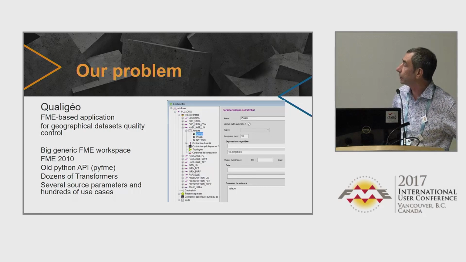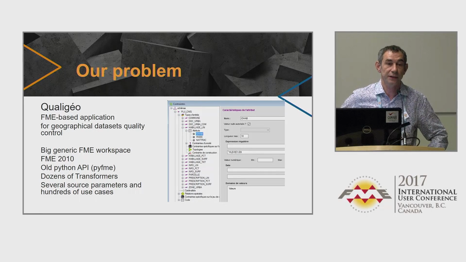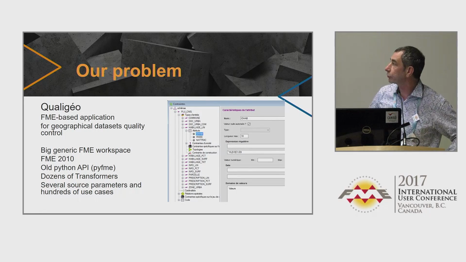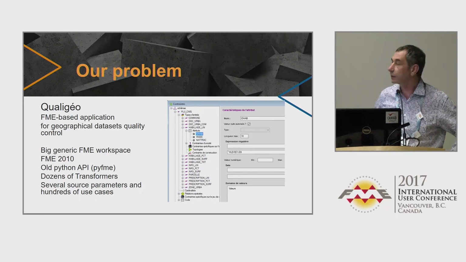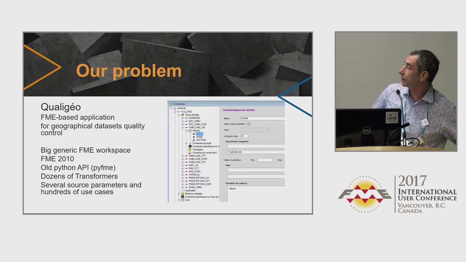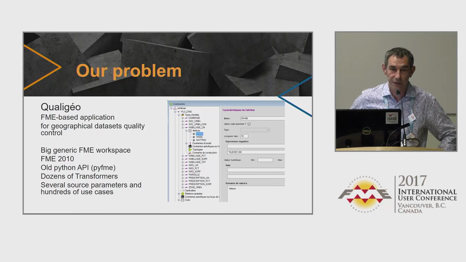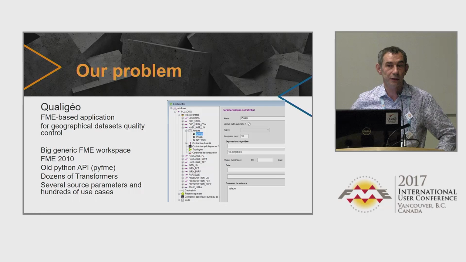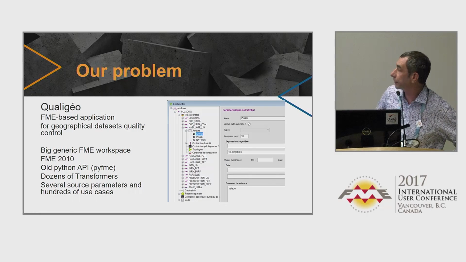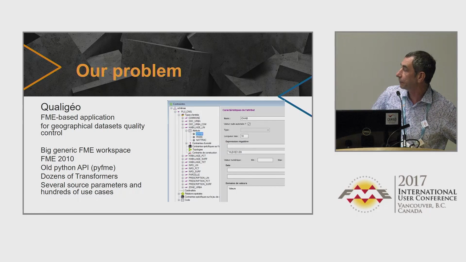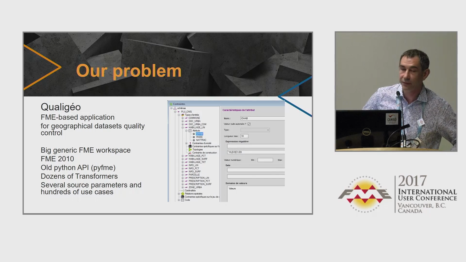Caligio is an FME-based application designed to provide quality control services. It uses a big and complex FME workspace with dozens of transformers and the old Python API. It has been designed with FME 2010.